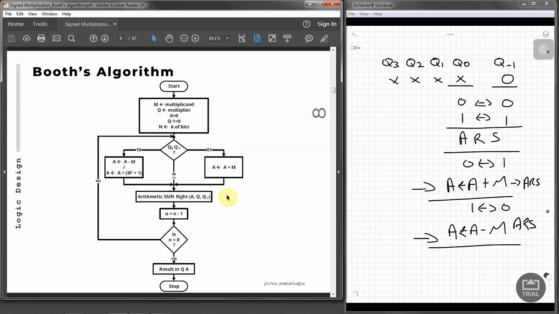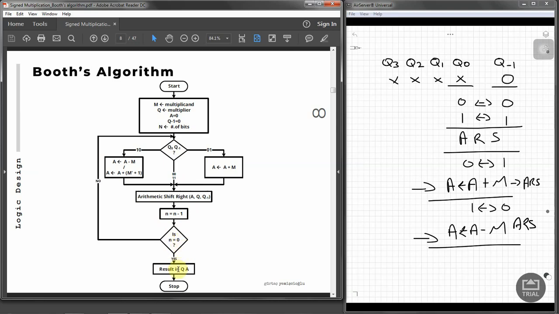So when you perform subtraction or addition, in the end we have to perform an arithmetic right shift as we already said. Then we decrement the number of steps, or the number of times that we need to perform this algorithm, and then we check if n equals 0, because we have to stop when n equals 0. Otherwise, we go back and check again and perform the operation, again until n equals 0.